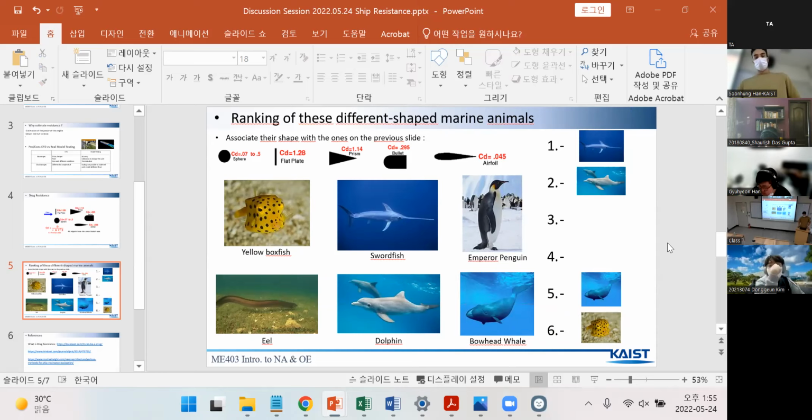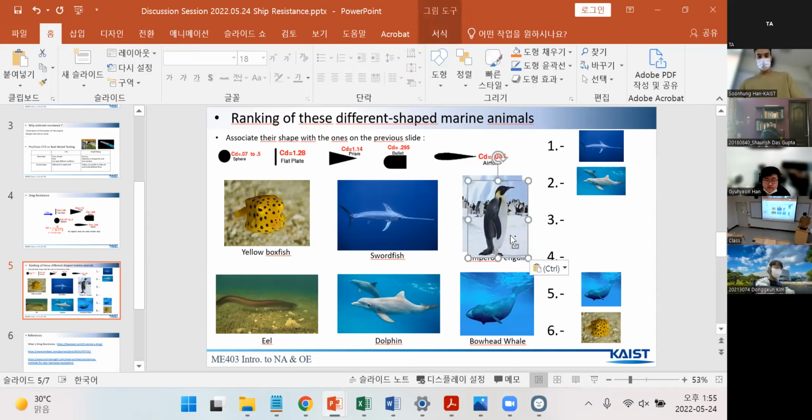I think number 3 is the penguin, because the penguin has to be faster than fish.